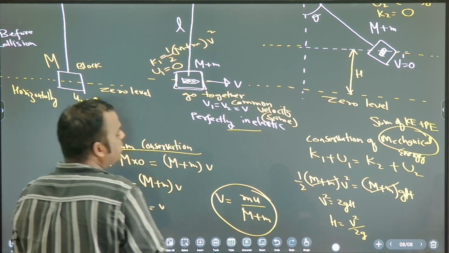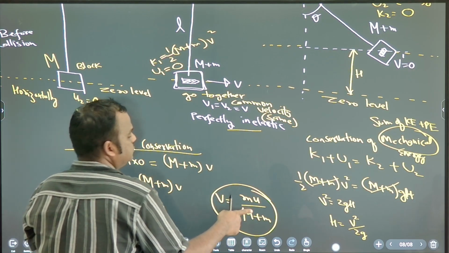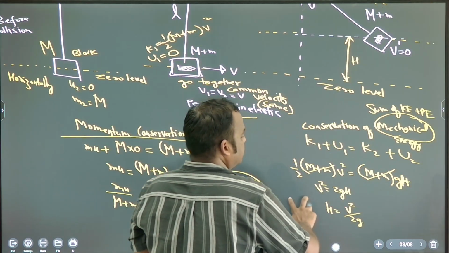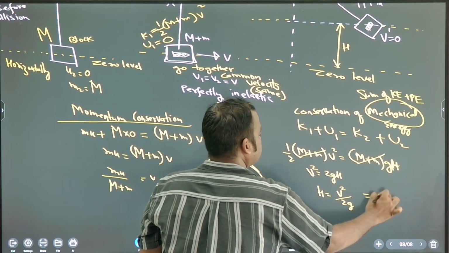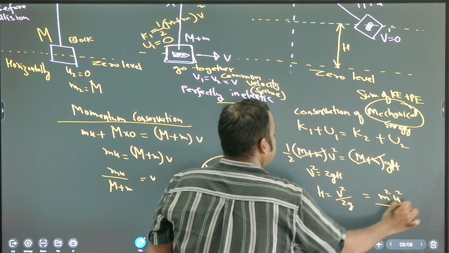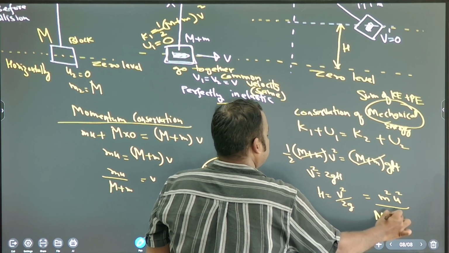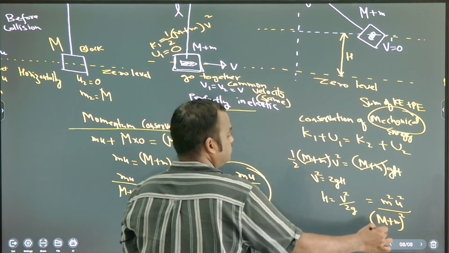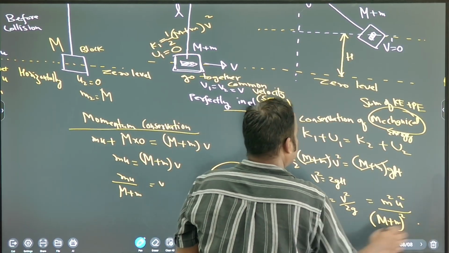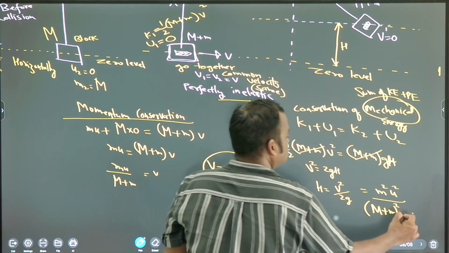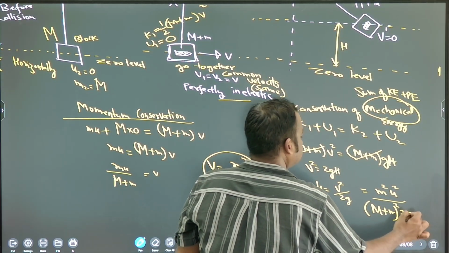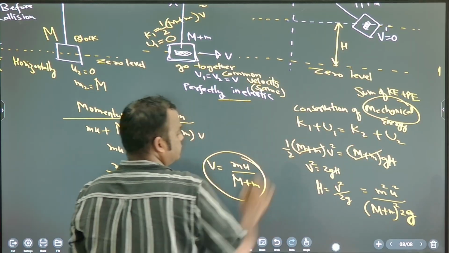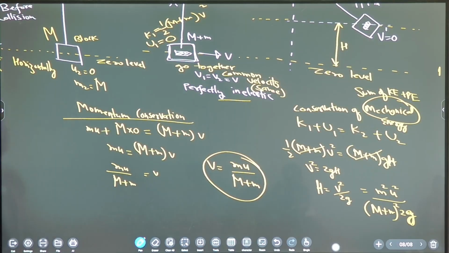And what is V square? m square u square by (M plus m) whole square. So H is m square u square by (M plus m) whole square into 2g. So this is the H.